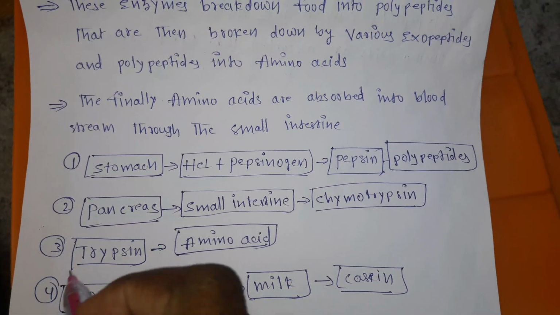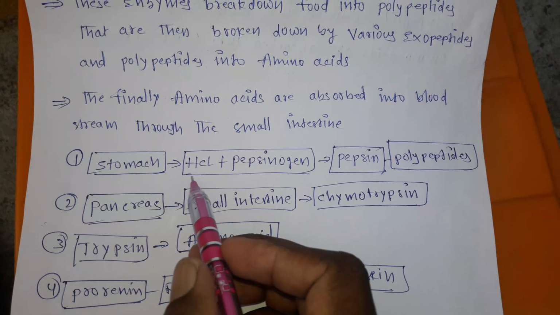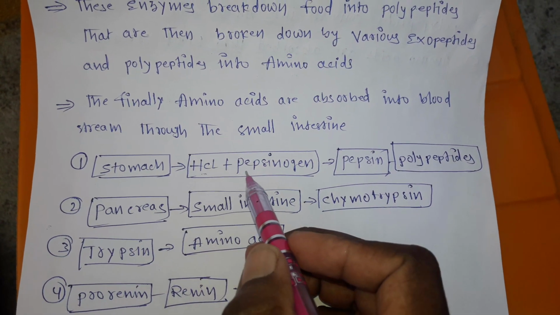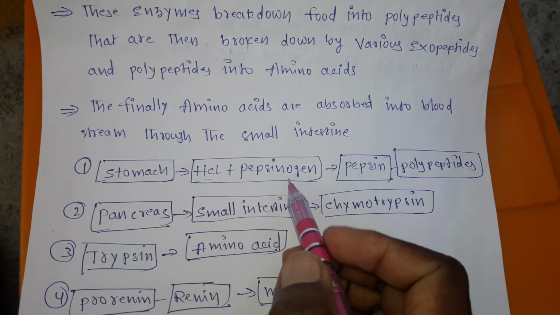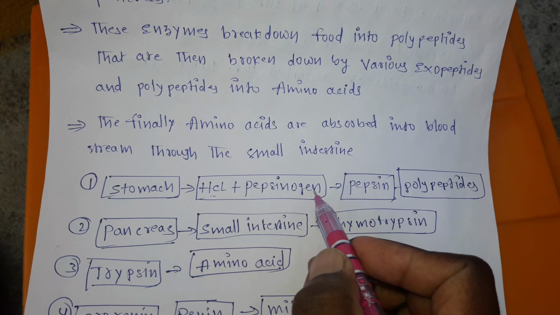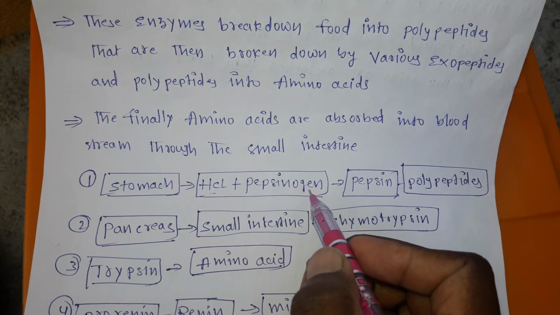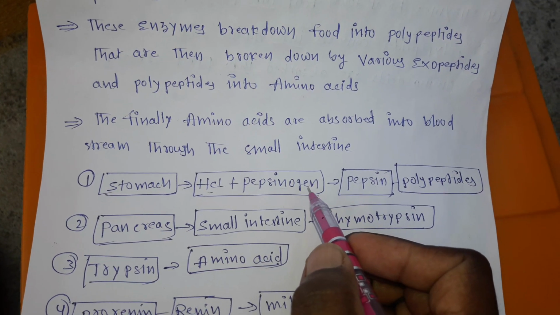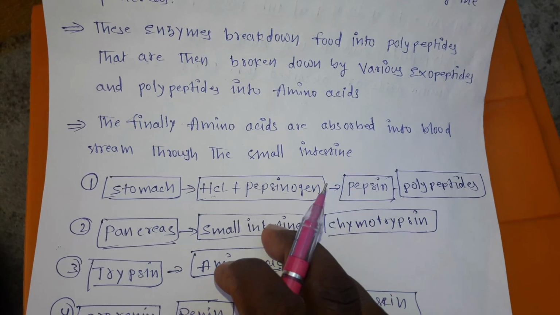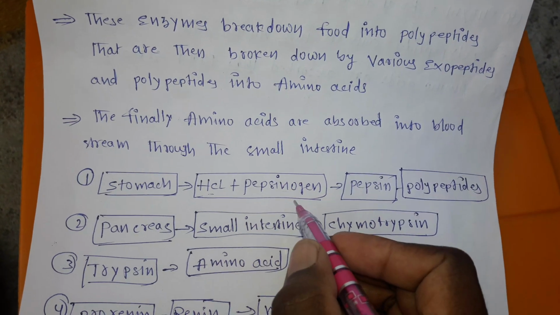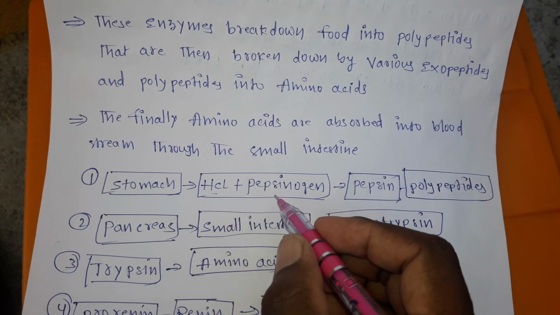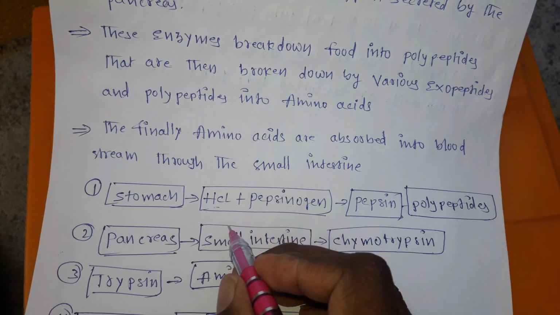In the stomach there is hydrochloric acid. There is one enzyme, pepsinogen, the inactive form of the enzyme. All the ones with gen or pro are inactive forms. Pepsinogen becomes active by hydrochloric acid.